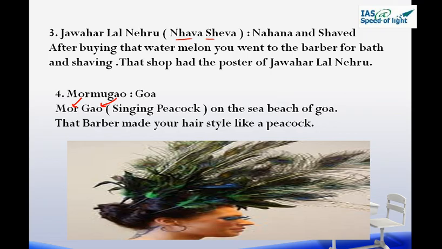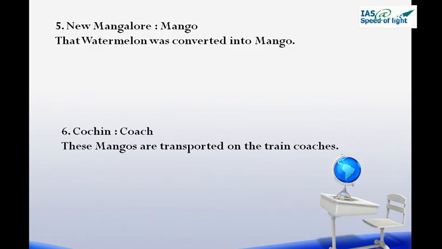If you can see, he cut your hairs in such a way it was looking like the hairs of a peacock. Okay, so Morgao. First thing is on the sea beach of Goa, and another thing is your hairstyle.